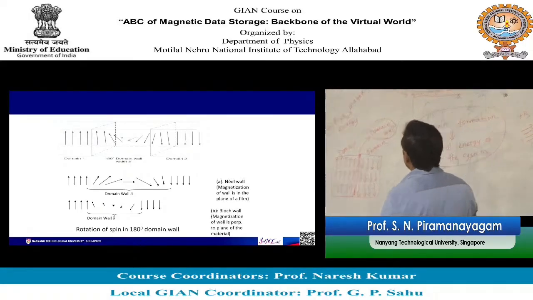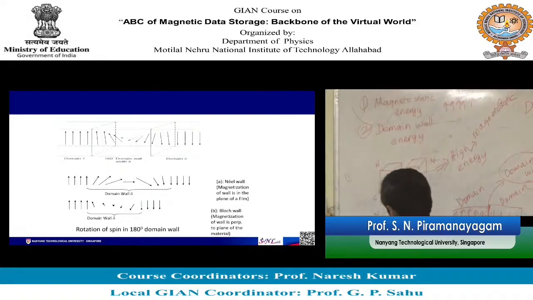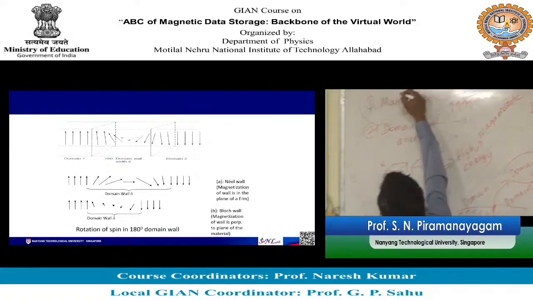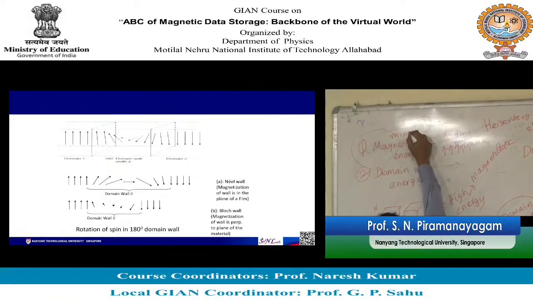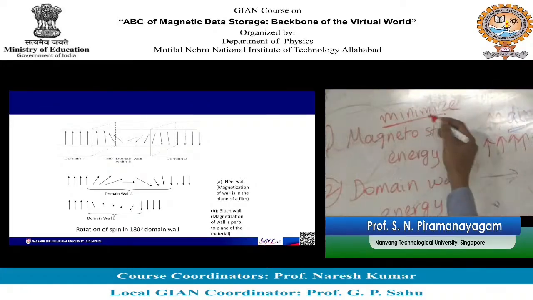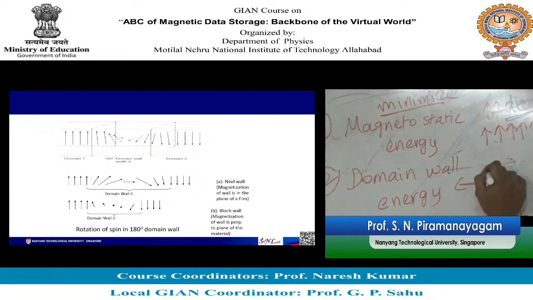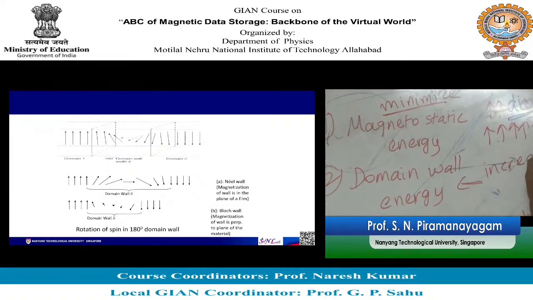So when you form domains, you minimize the magnetostatic energy. Domain formation minimizes the magnetostatic energy, but domain formation increases the domain wall energy.